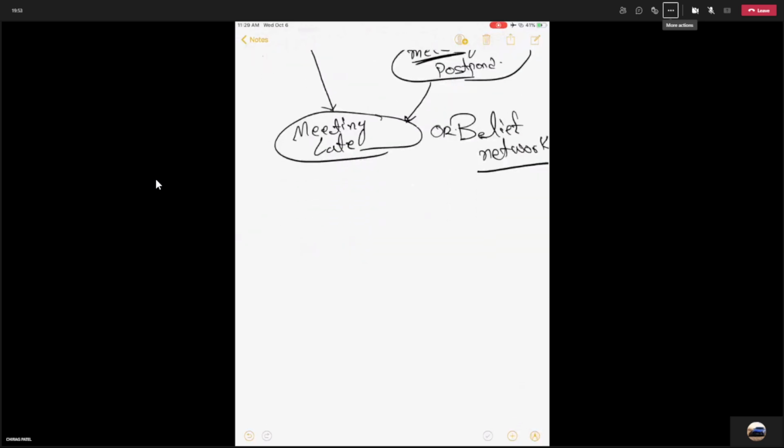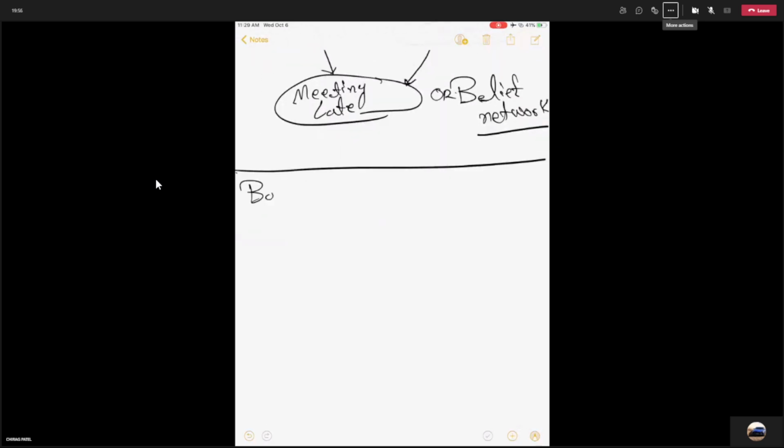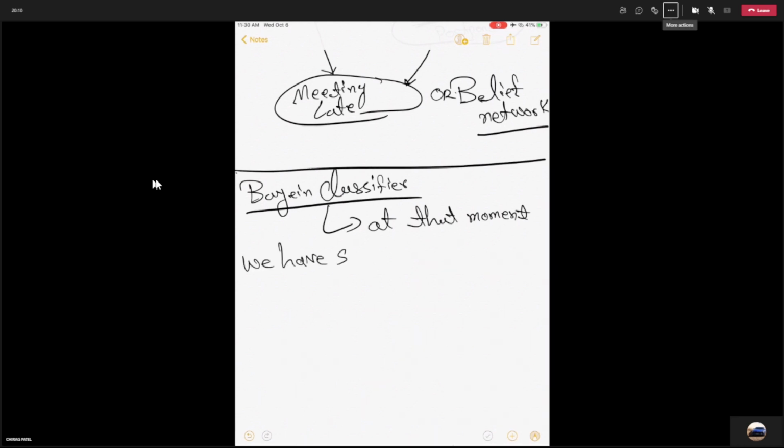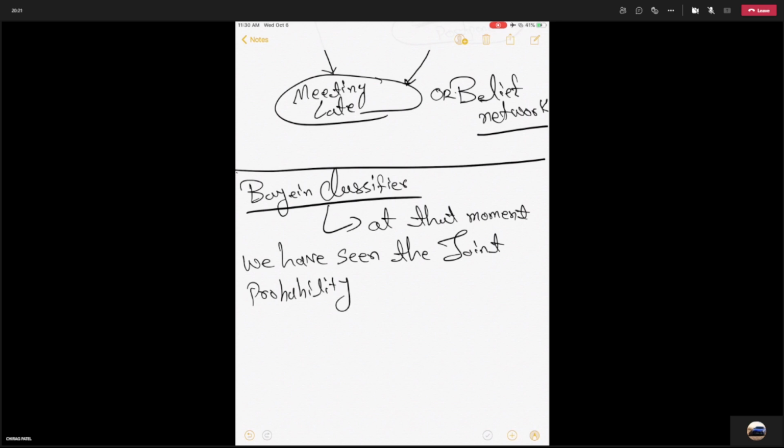Now when we had learned the Bayesian classifier, at that moment we had seen the joint probability distribution problem.